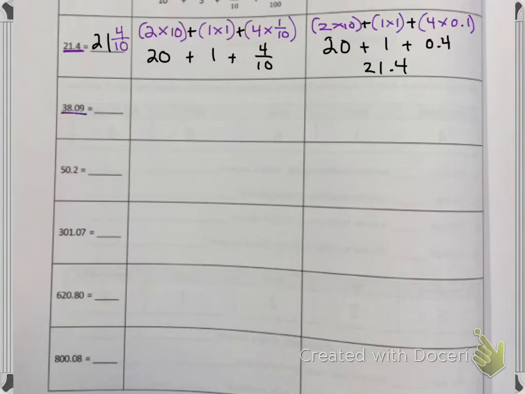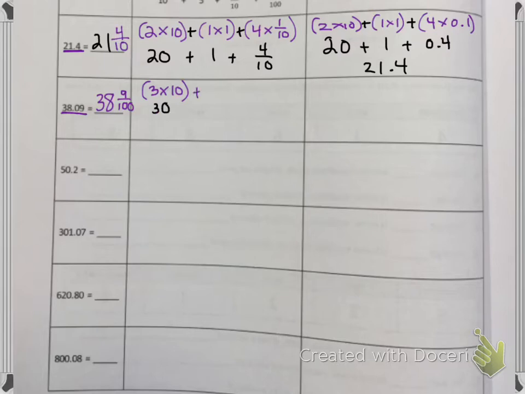We have 38 and 9 hundredths. This is going to look like 38 whole and 9 hundredths. Okay? So for this one, we're going to break the 3 tens, we're going to break the 8 ones, and we're going to do this in expanded form. So we are going to be doing this as 3 times 10, which is 30. Okay?